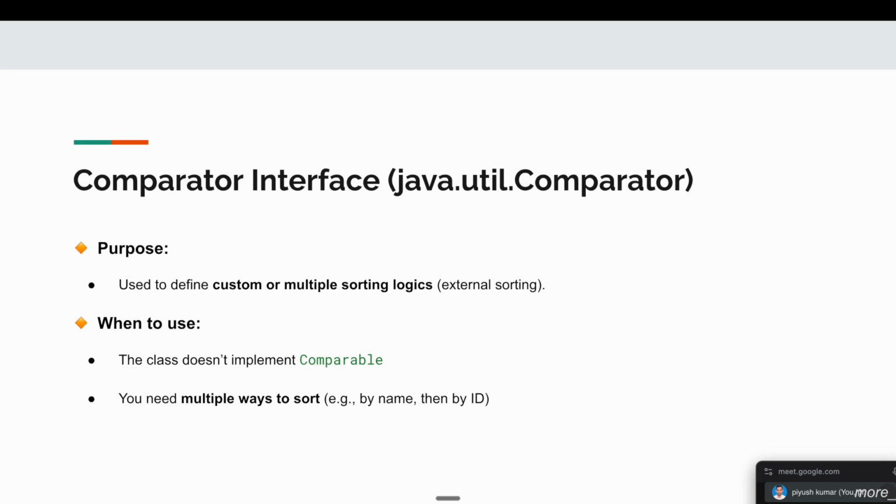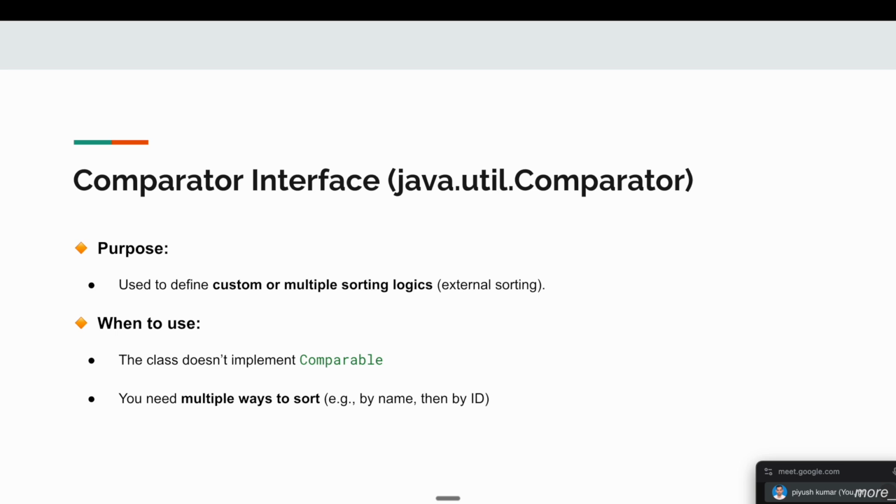Why I am giving more focus on this point is because in interviews you will be asked what the difference is between Comparator and Comparable. So you should be able to tell when to use what and what the difference is. The first difference is the package: one is coming from java.lang and the other from java.util.